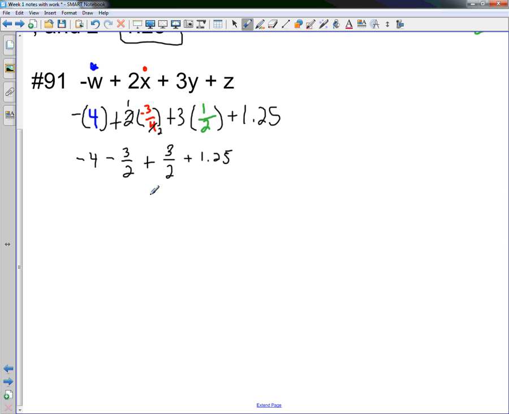Now we have decimals and fractions, and probably the easiest way is to turn these into decimals as well. So 3 divided by 2 is 1.5. If you need to use your calculator on that, you can. So 3 divided by 2, and plus 1.25.